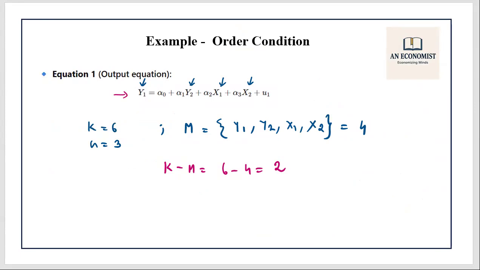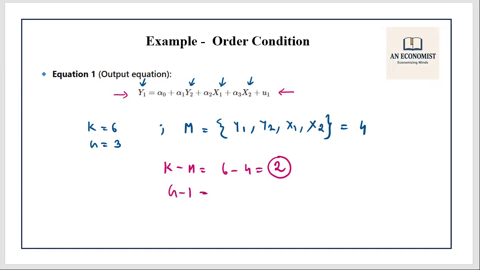If you take this difference, it gives you the total number of variables that are excluded from this particular equation 1 but are present in the model, and that can potentially be used for identification, because some of them will be exogenous variables, and we can use them as an exogenous shifter. I hope this is clear.